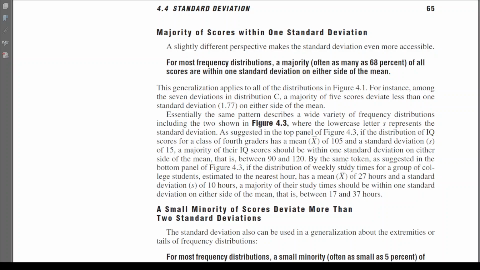By the same token, as suggested in the bottom panel of figure 4.3, if the distribution of weekly study times for a group of college students, estimated to the nearest hour, has a mean of 27 hours and a standard deviation of 10 hours, a majority of their study times should be within one standard deviation on either side of the mean, that is, between 17 and 37 hours.